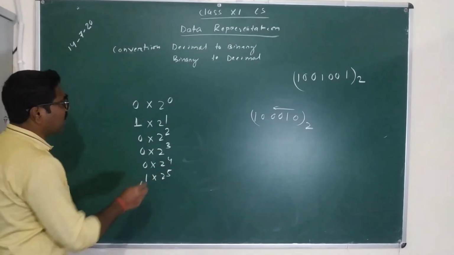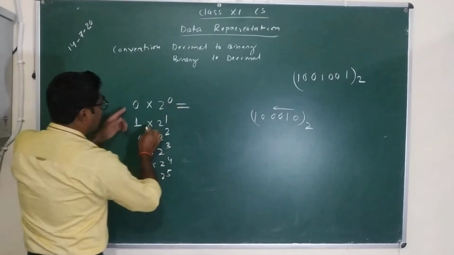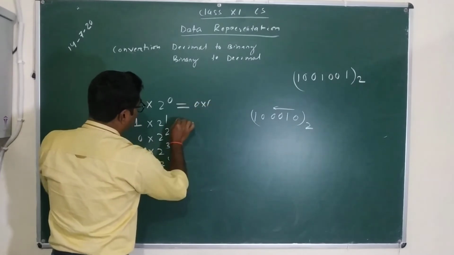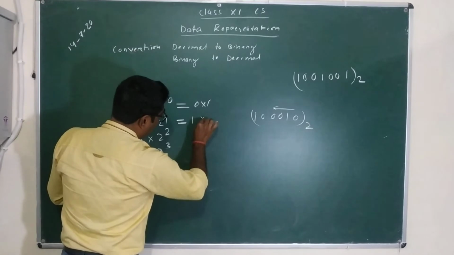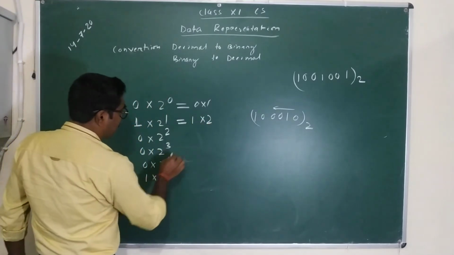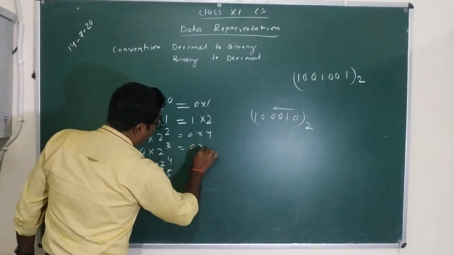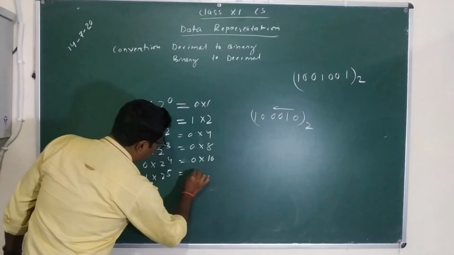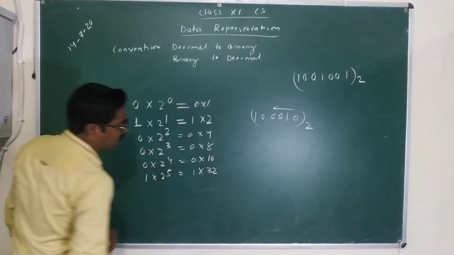Now 2 to the power 0 is equal to 1, so 0 into 1 is 0. 2 to the power 1 is equal to 2, 1 into 2 is 2. 2 to the power 2 is equal to 4, so 0 into 4, likewise 0 into 8, 0 into 16, and 1 into 32.